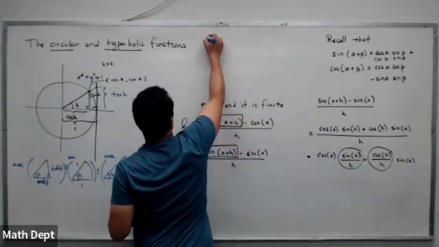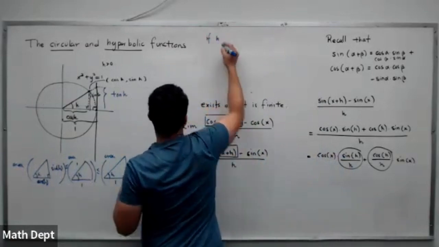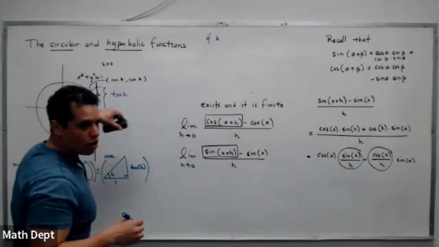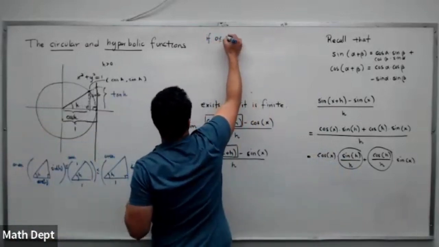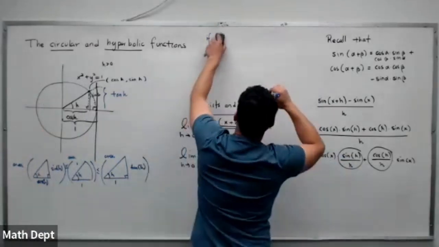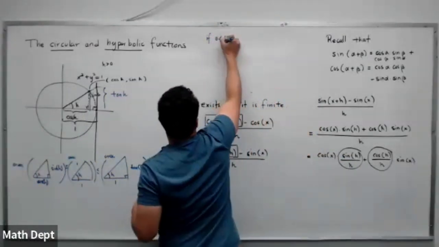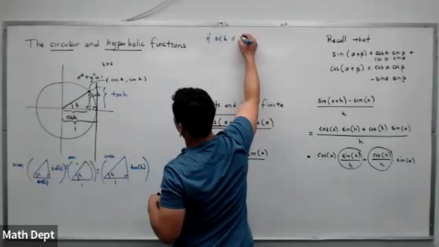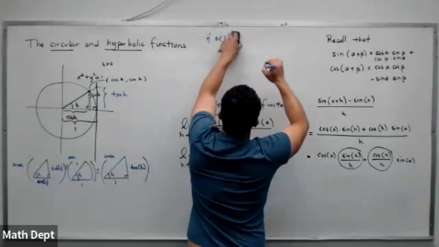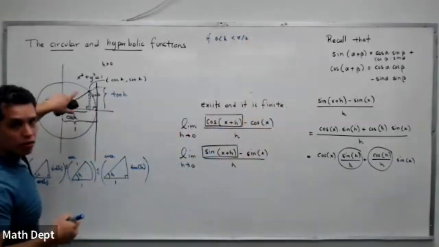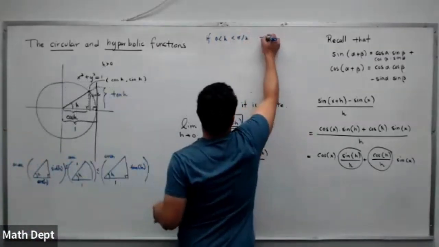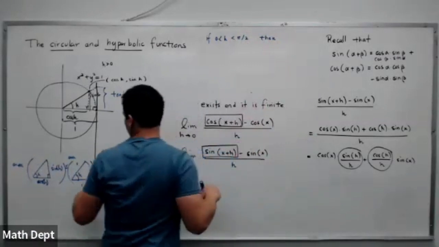So if H is positive, and in fact is in the first quadrant, meaning that H is less than, let's say, pi over 2, just to be working strictly here in the first quadrant, then I have the following.